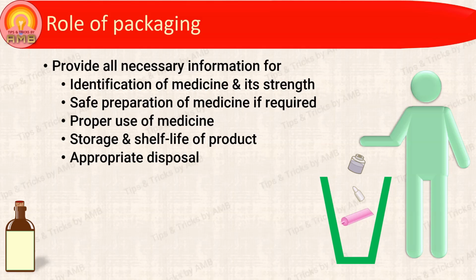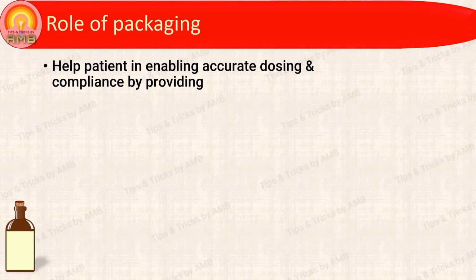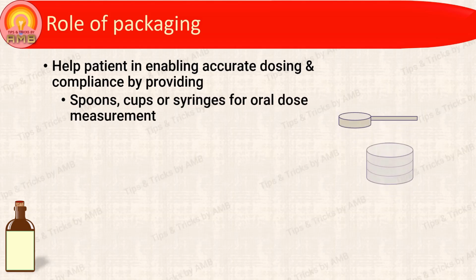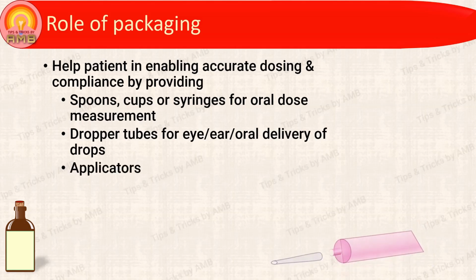The next role is to help the patient by enabling accurate dosing and compliance by providing various spoons, cups, or syringes for oral dose measurement and delivery, or providing dropper tubes for eye, ear, or oral delivery of drops, or by providing applicators in case of pessaries.